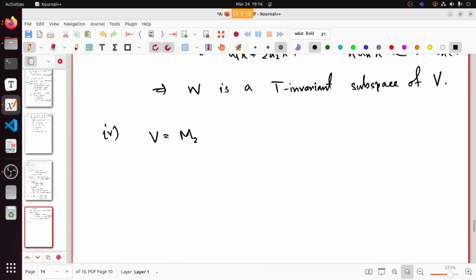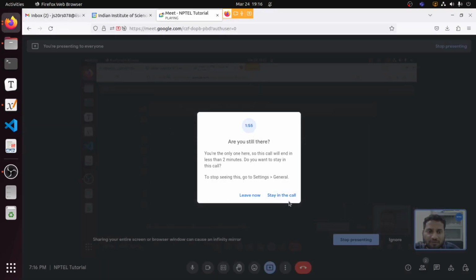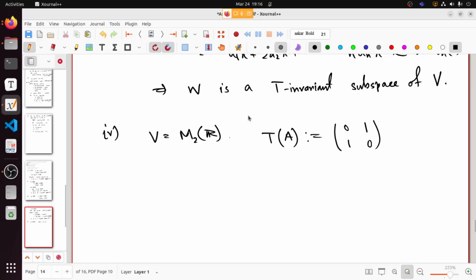V is M2(R), T of A is 0, 1, 1, 0 times A. W is the set of A belonging to V such that A transpose equals minus A. So you have to check whether W is T invariant or not. So this will not be a T invariant subspace.